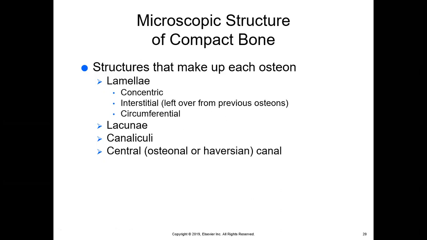Now, I'm actually not going to get in depth with the microscopic structure of compact bone for each of you. Just know that the component is the osteon, the structural component, and it has a central canal.